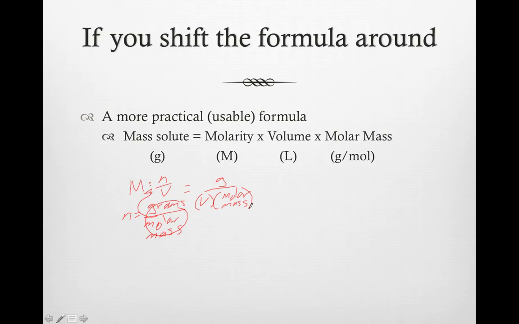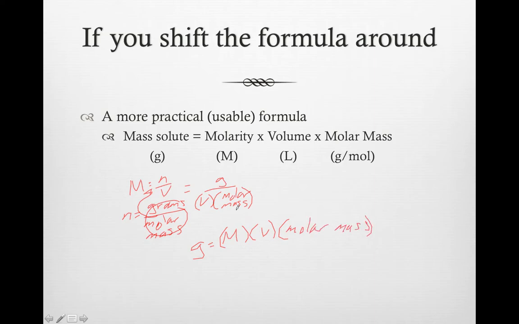And so I can rearrange that and solve this all for grams. I can take volume and molar mass to the other side, so I end up with grams, or mass, is equal to your molarity times your volume times your molar mass.